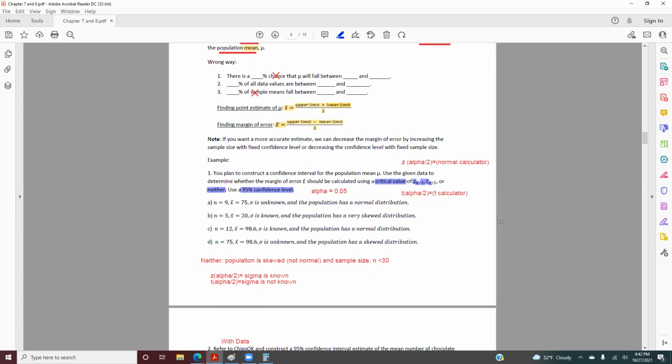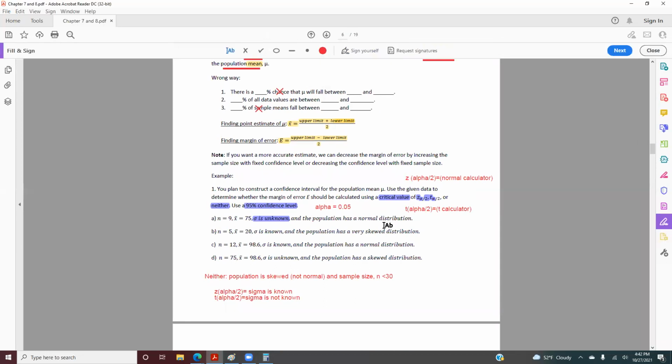T alpha. Why is it T alpha? Because sigma is not known. Yep. And the population is normally distributed, so it's not neither. So that is correct. This is T alpha.